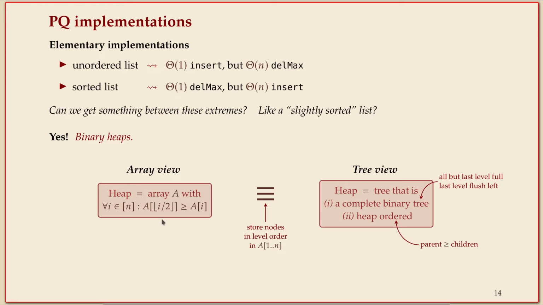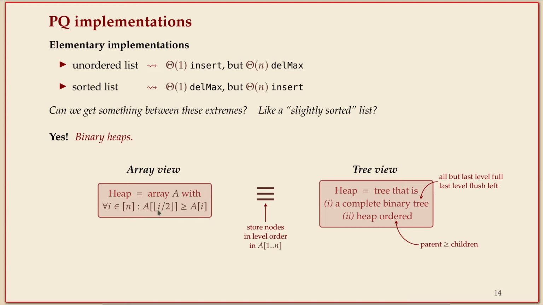So if you look at the heap, you have an array, and you require, instead of sorted, where you would say every element is bigger, say it's the other way around, we want the maximum. Completely sorted would be that at every position, the element is bigger than the one right next to it. Now here we say something weaker.